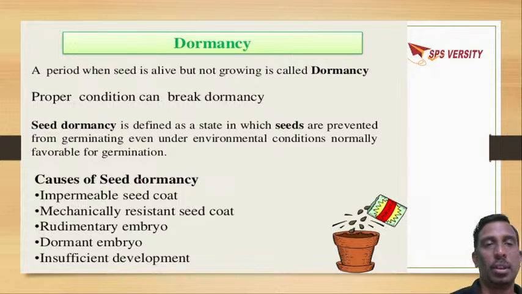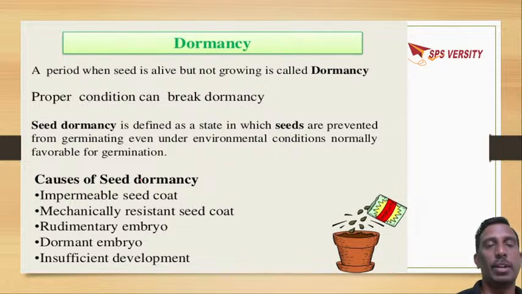Okay. इसको बोलते हैं डोरमेंसी. So to germinate, this seed dormancy should be broken. When they are in seed dormancy, the seeds will not germinate, even though they are provided conditions, means proper temperature, oxygen, light.